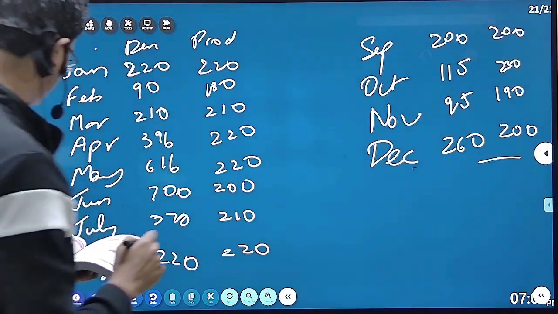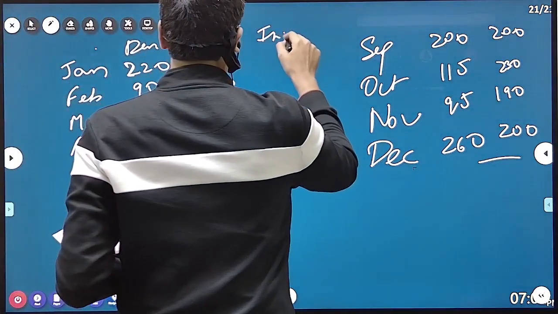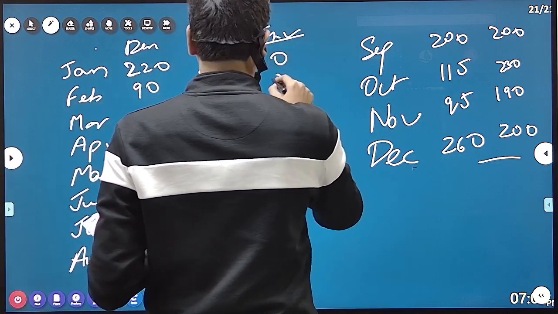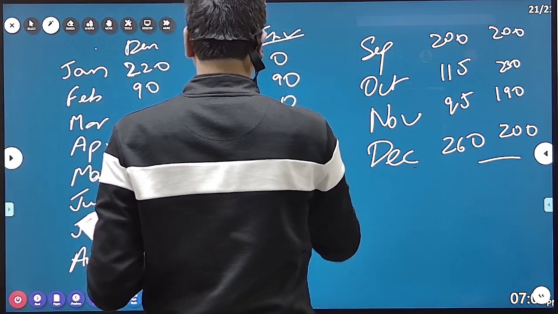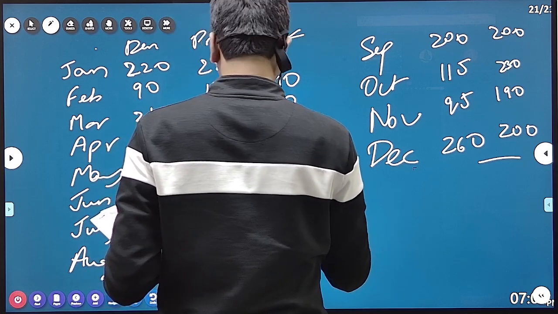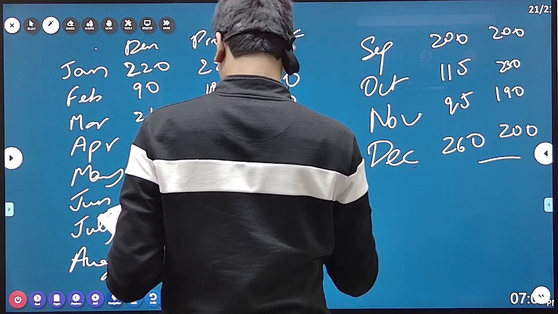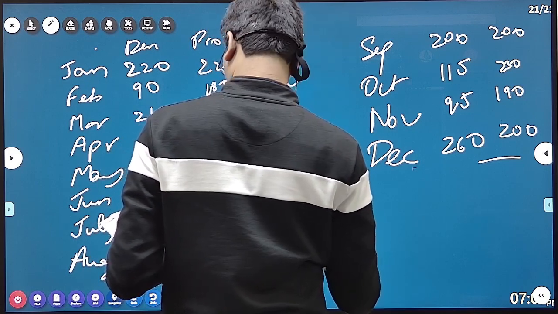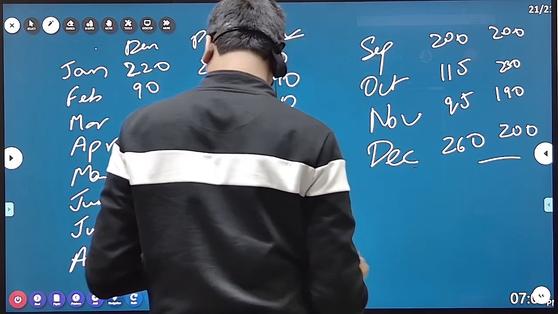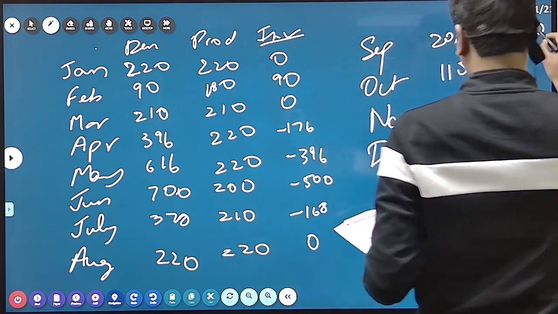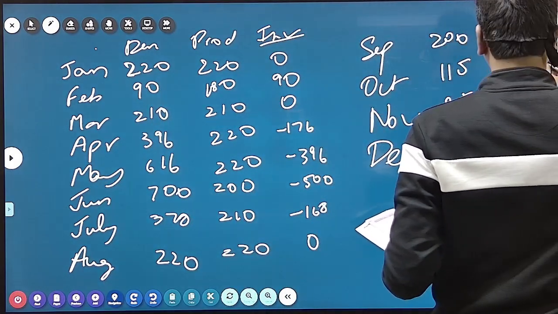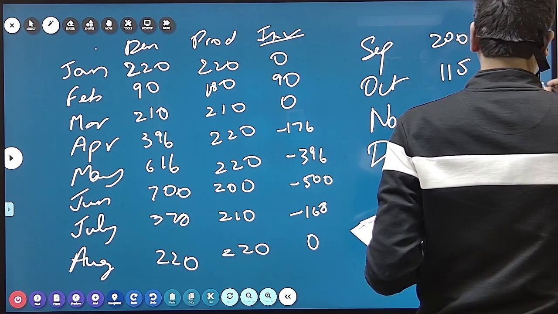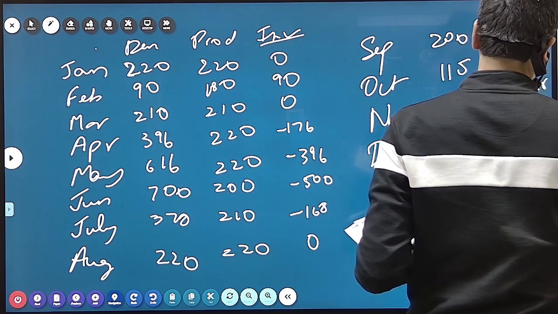Okay, so if we see inventory change, so if we assume it is 0, there will be 90 left in the inventory. 0 minus 176 minus 396 minus 500, 168, 0, 0, 115, 95 and minus 60.